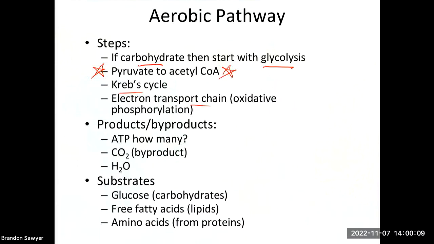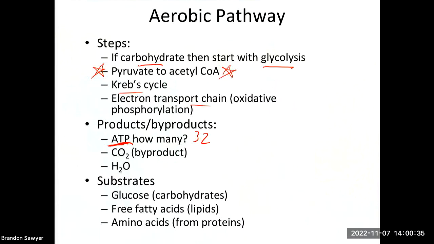Okay, so the products, byproducts, ATP is the primary thing we get out of this. Okay, so in total, we're gonna go with the number of 32 for this. Okay, this number varies quite a bit when you look at different textbooks and different sources. It used to be a lot higher than this, and a lot of the biology textbooks still show the number of like 39 or 38.